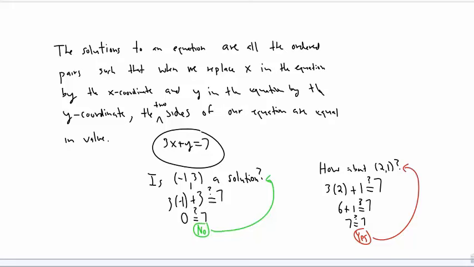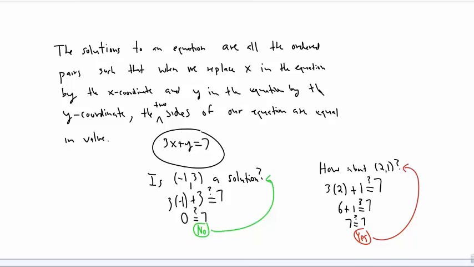So the question that faces us is the following. What is an efficient way to come up with all solutions to an equation? Clearly, it would not make sense to try to take one ordered pair at a time, see whether it's a solution.